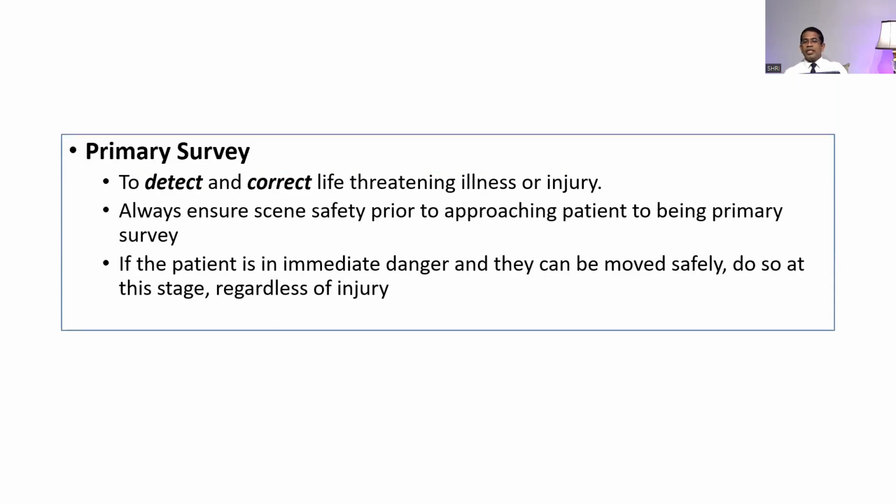When you consider the primary survey, our main objective or goal is to identify life-threatening injuries. We need to identify the life-threatening injuries and treat them there. That is the main aim of doing the primary survey. Before you enter into a primary survey, you need to see whether the scene is safe. You might wonder why I'm saying this. If you're a pre-hospital care person, then definitely you need to think that the patient might be on the road and it is unsafe to enter, or if the patient is in a building, maybe it is unsafe to approach.